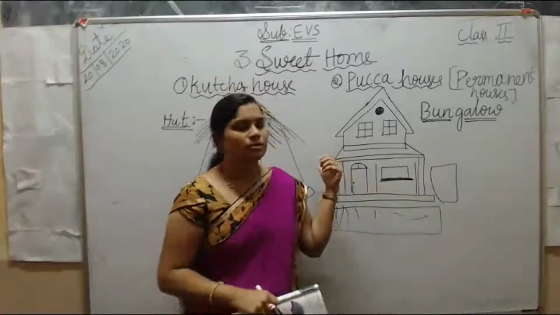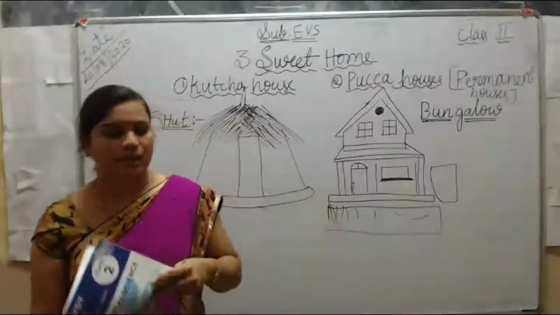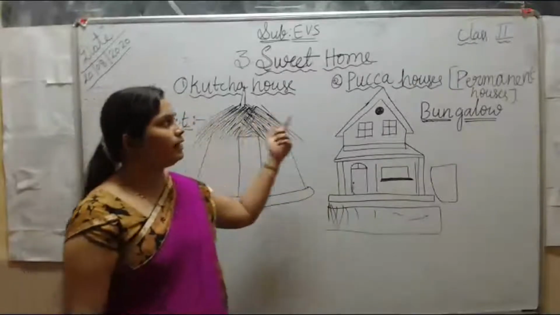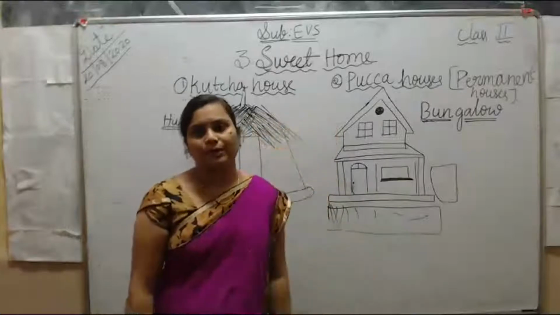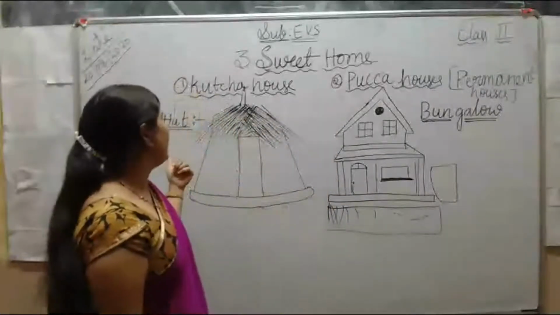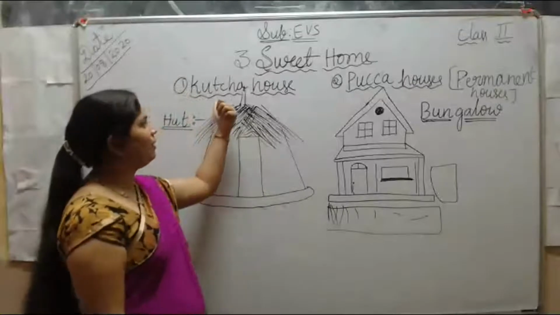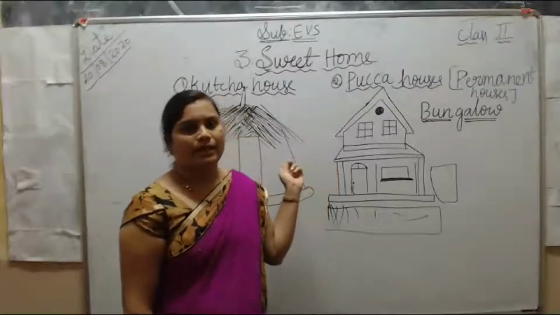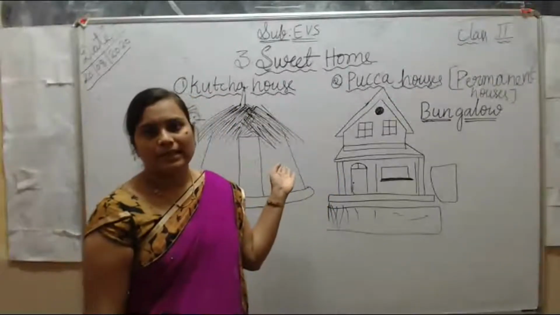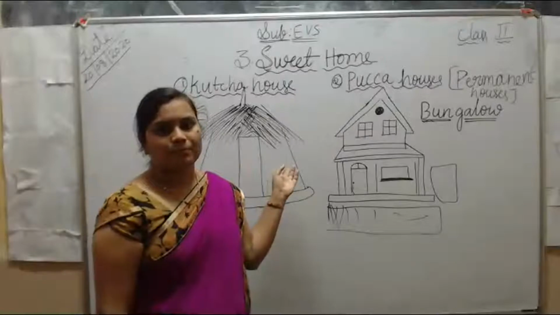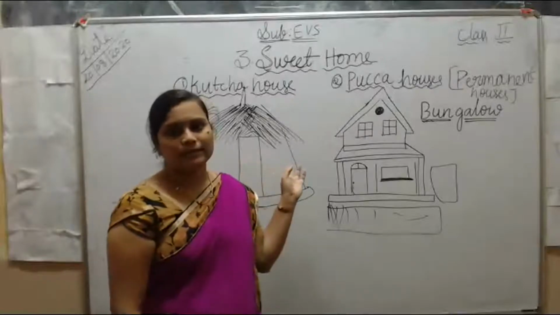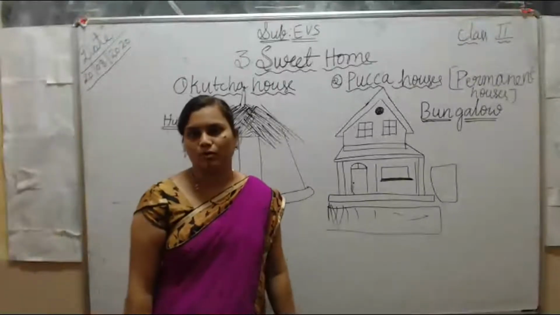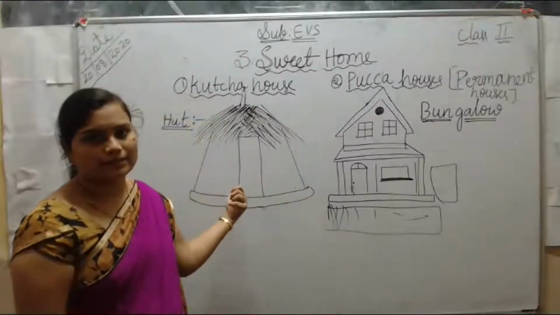Okay. Students, do you remember these things today? Sweet Home, third lesson. Kacha house and pakka house. These are the 2 different houses. A hut is the example of a kacha house and it's made up of dry leaves and branches of trees, mud, straw, and it is not very strong; heavy rain and storms will damage it easily.